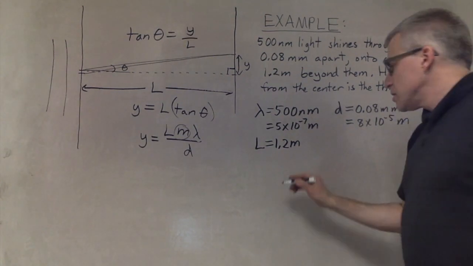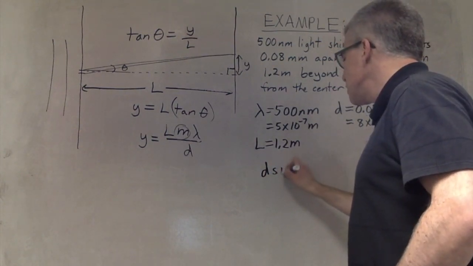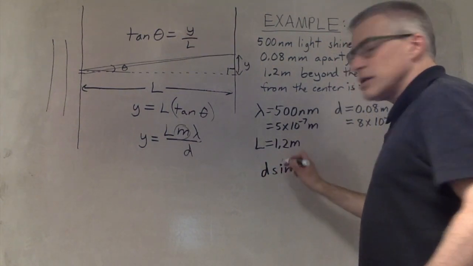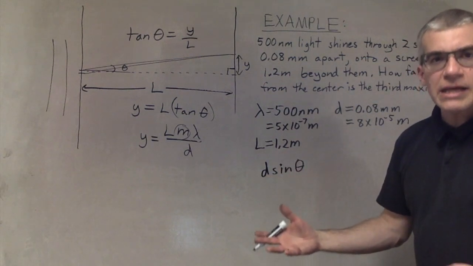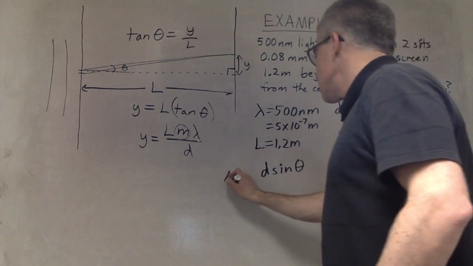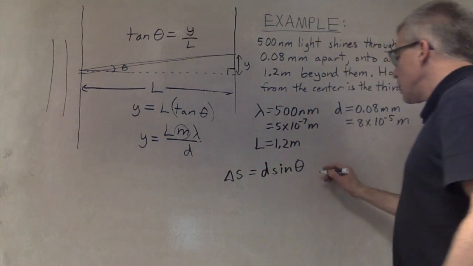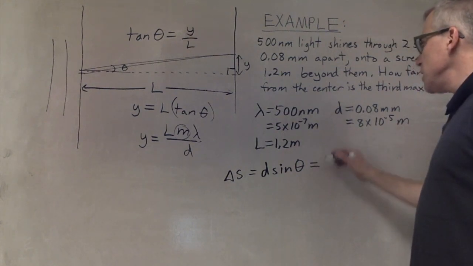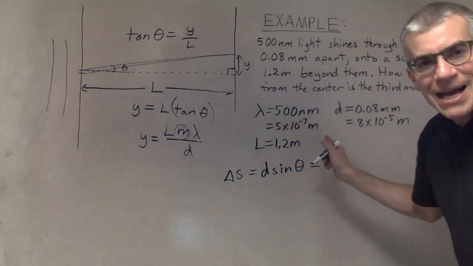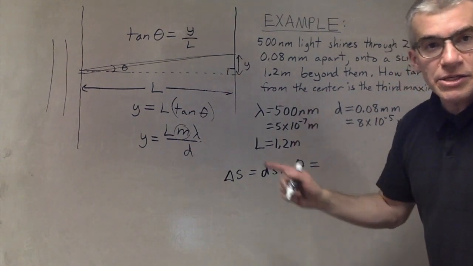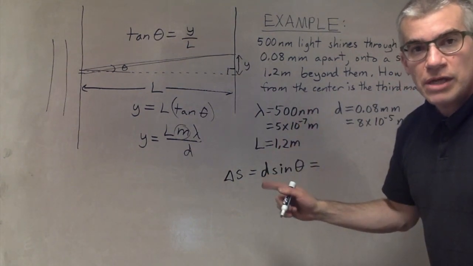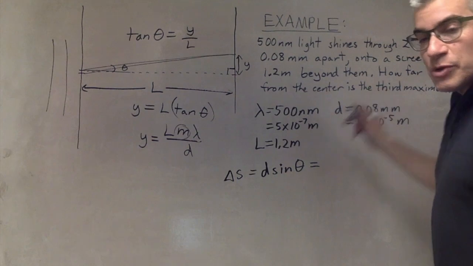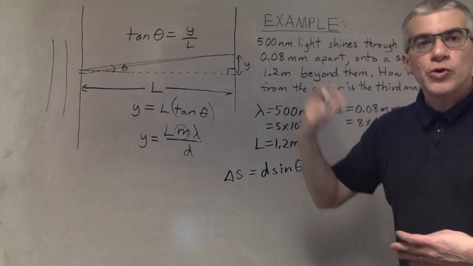Our basic formula is that the path difference, d sine theta, which you might be calling delta x or delta s, is going to equal the third maximum. For a maximum, we want an integer, not a half integer. And so for the third maximum, well, assume they mean the third order maximum.